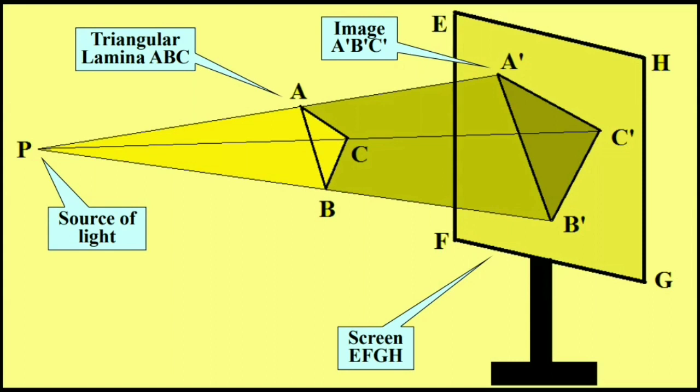And here, if A is the midpoint of PA dash, B is the midpoint of PB dash, and C is the midpoint of PC dash, then geometrically we can easily prove that A dash B dash is twice AB, A dash C dash is twice AC, and B dash C dash is twice BC. Hence, the two triangles are similar and the scale factor K is 2.